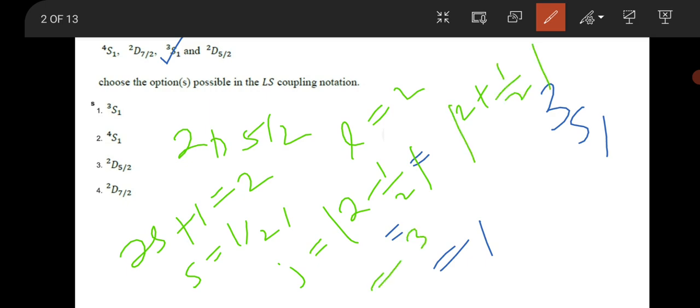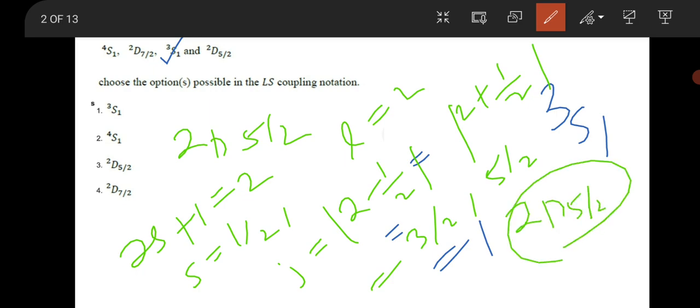It may be 3/2 or 5/2. So 2D 5/2 is a possible term symbol as per LS coupling. So these two are possible, that is 3S1 and 2D 5/2. This question was in the MSQ section.